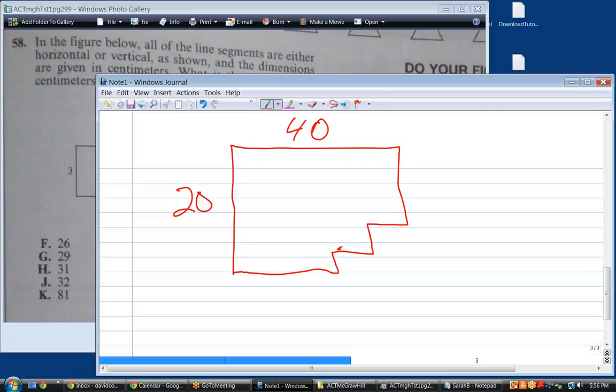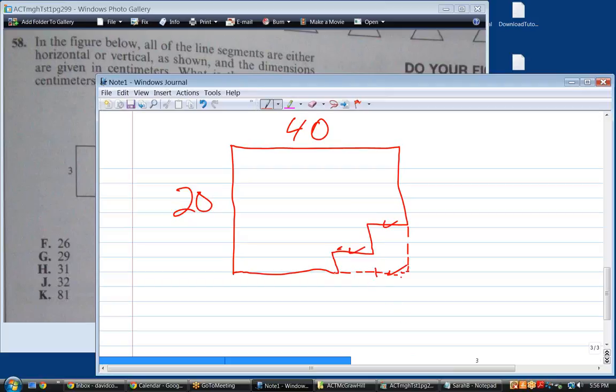The concept here is that when you take these notches out like this, it doesn't change the perimeter. Notice why. It doesn't change the perimeter from what it would be if it was just a rectangle. In other words, this little measurement here is this measurement here.